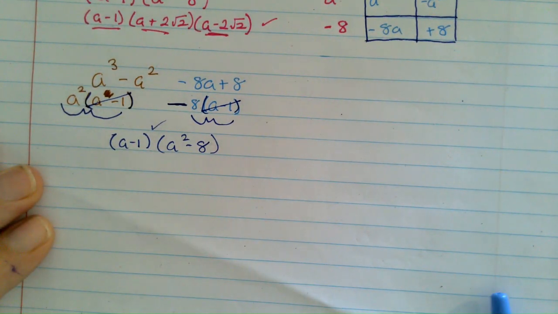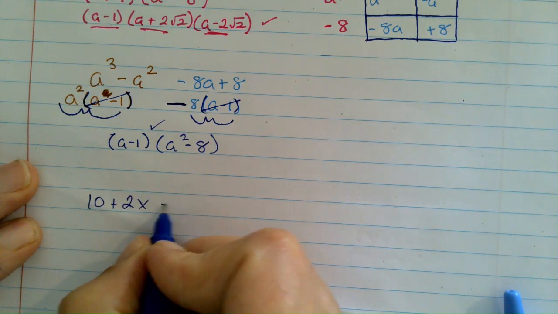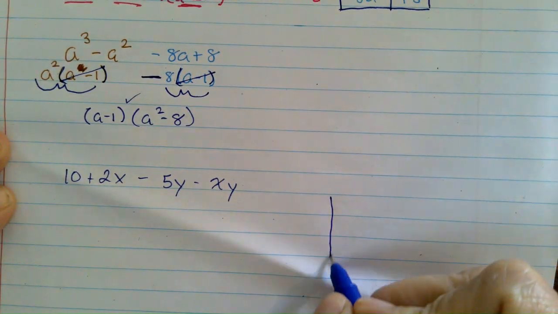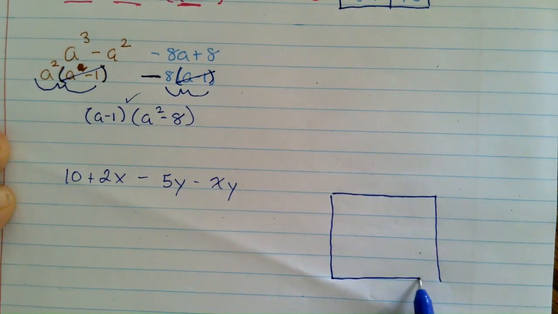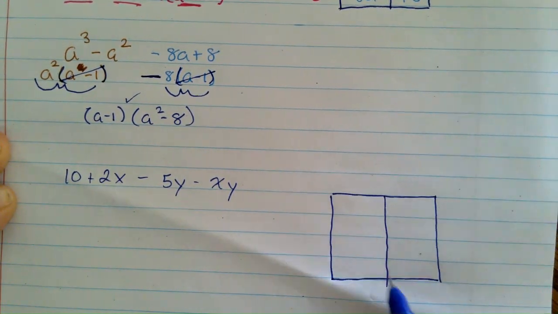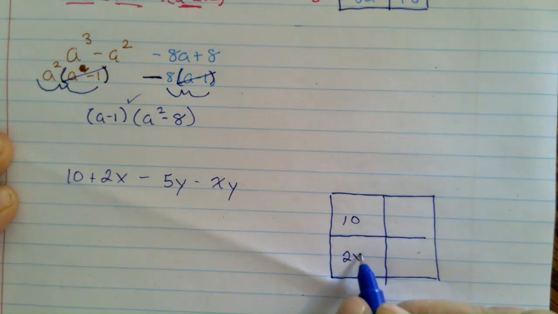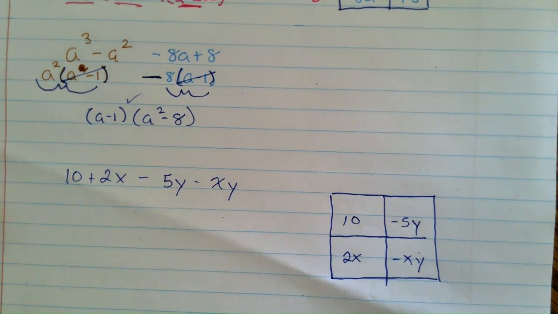We are going to go ahead with 10 plus 2x minus 5y minus xy. So 4 terms again. And just to show you I could do it, I'm going to go top, bottom, 10, 2x, minus 5y, minus xy. Okay.